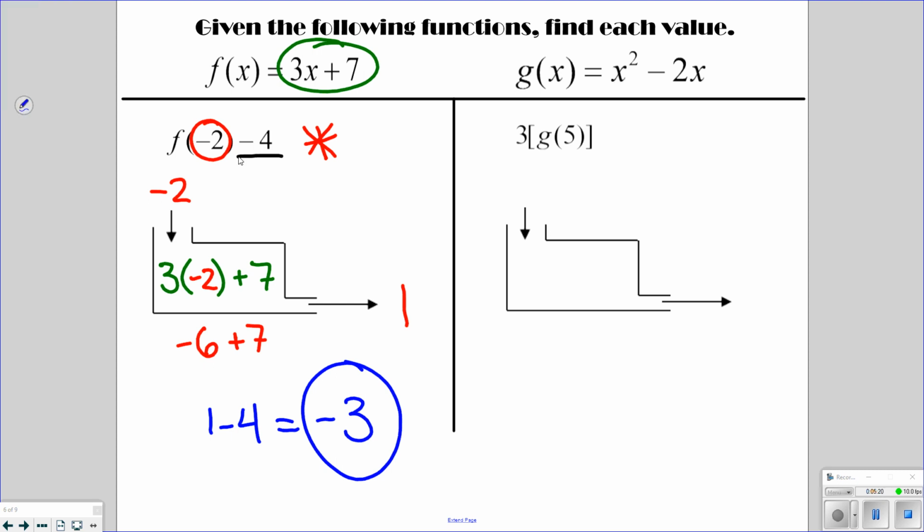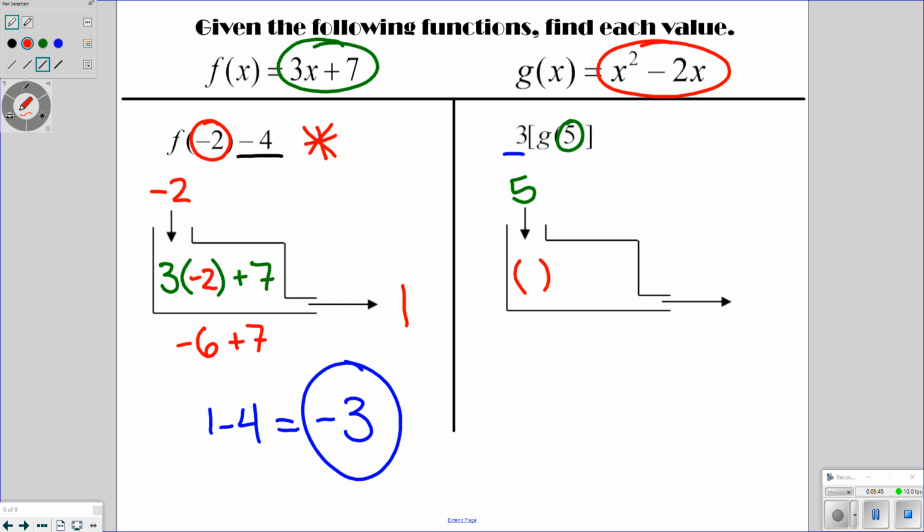Instead of adding or subtracting, though, this is actually telling us to multiply by 3. So on this problem, our input is going to be 5. So input is 5. Our rule is going to be x squared minus 2x. So I'm going to say x squared minus 2x, but instead of having an x there, I need to replace it with a 5 anytime I have that.